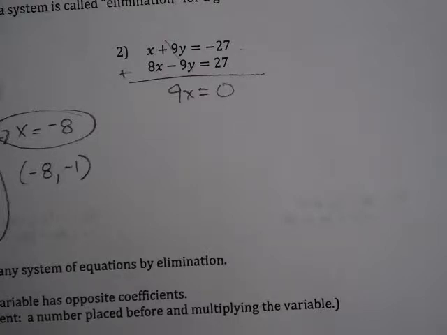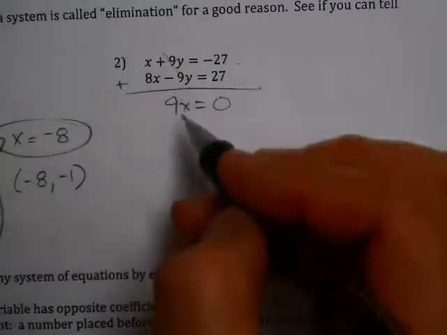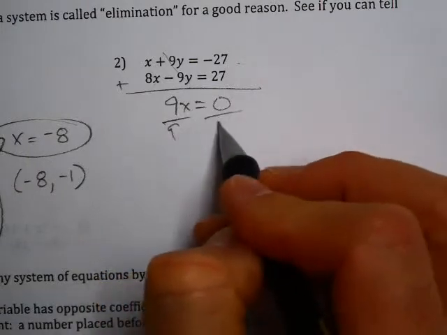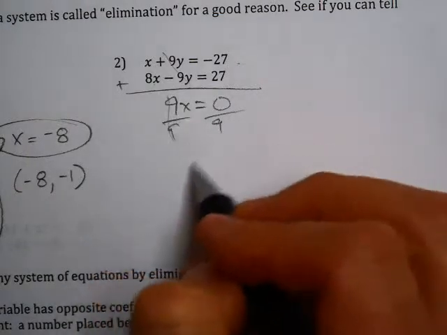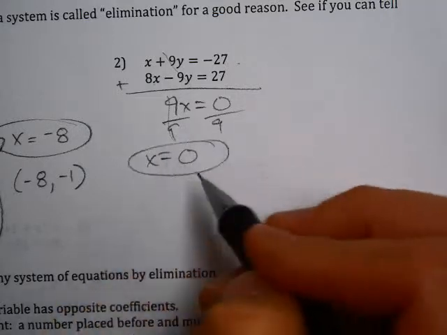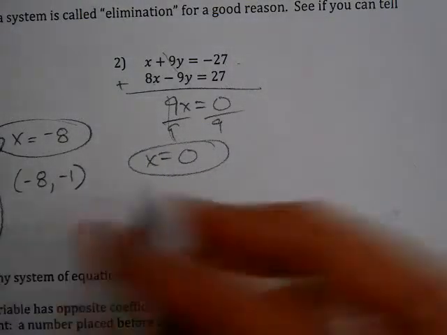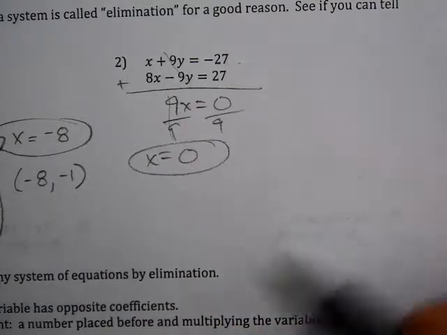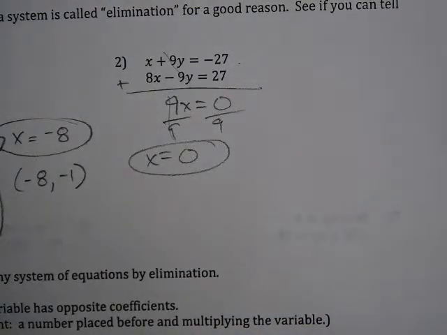Or can x be 0? Well, can it? Can x be 0? Sure. Yeah, it's totally acceptable. So if I divide by 9 here, I'm going to get 0, or you just say, okay, well, 9 times 0 is that. And that's cool because that makes that easy to plug in. Now I can plug it in either to the top or the bottom.